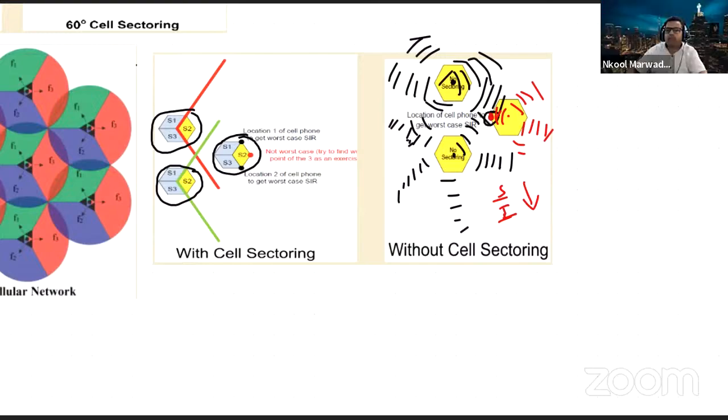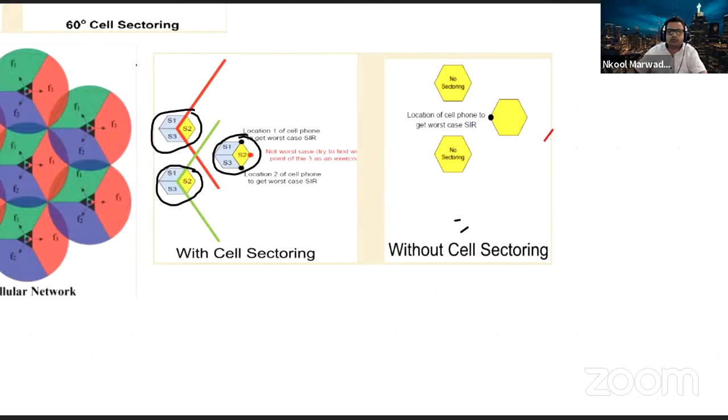Now, what benefit do we get from cell sectoring? Let us see. The same scenario, but now we have this sectored cell. And with cell sectoring, we know that directional antennas are installed.